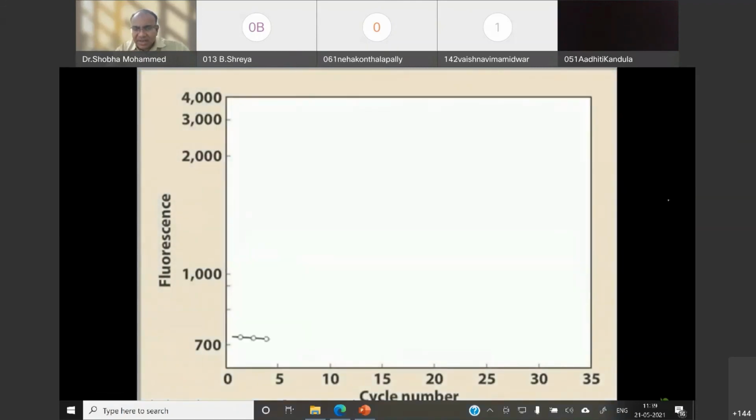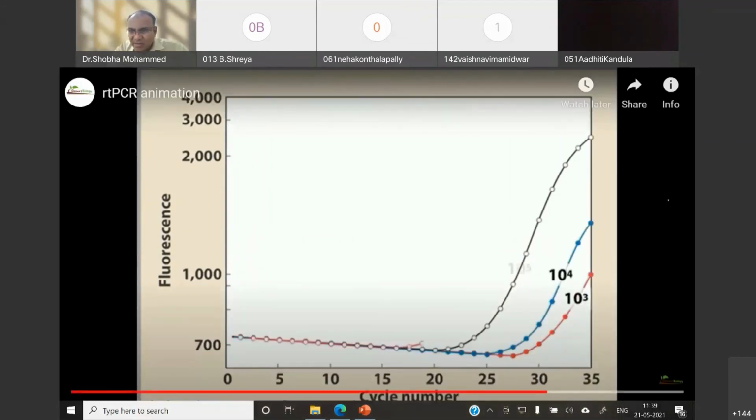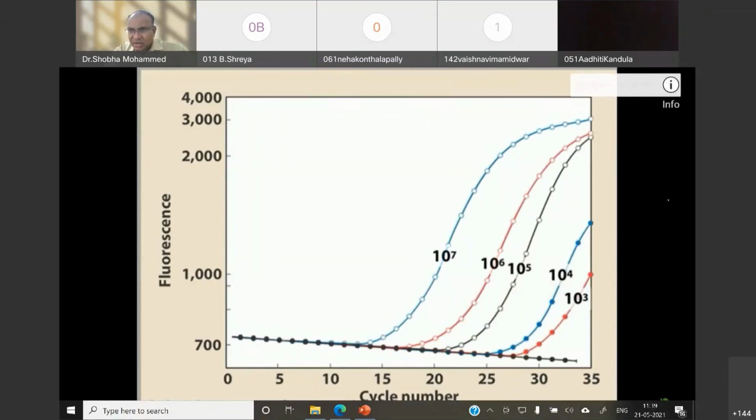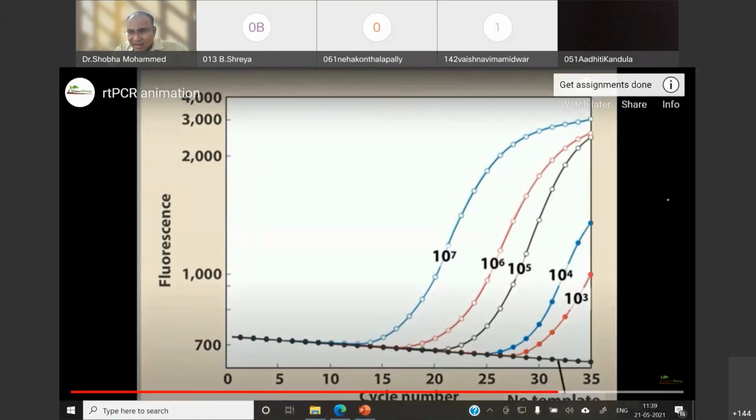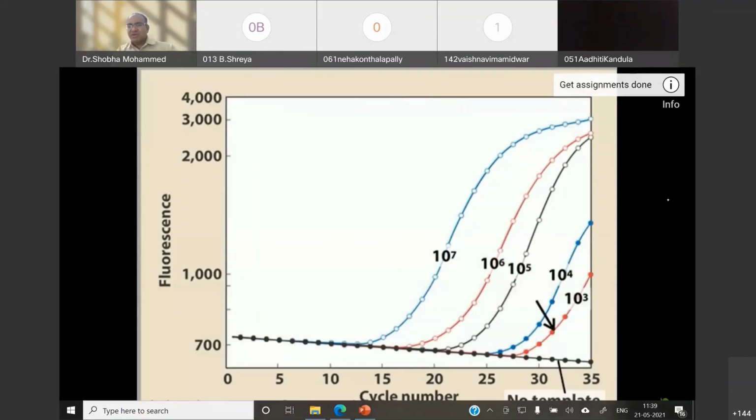After each cycle, the intensity of the fluorescence is measured with the help of the spectrophotometer, and then we plot it like this. This is the standard one, what we call the black one, and these colored ones shown here are the experimental ones that we have used.